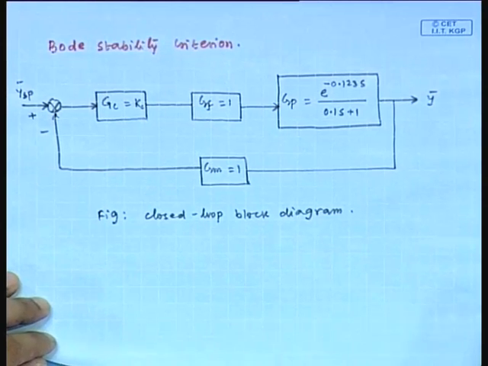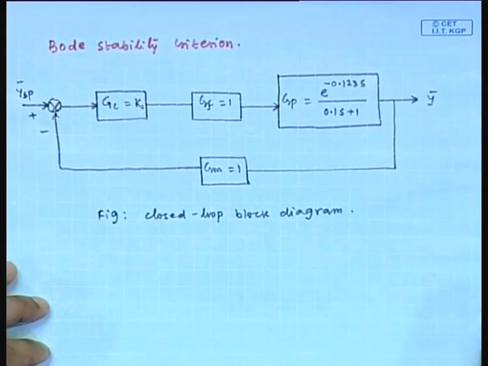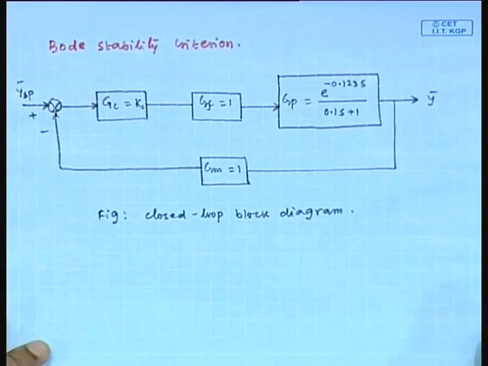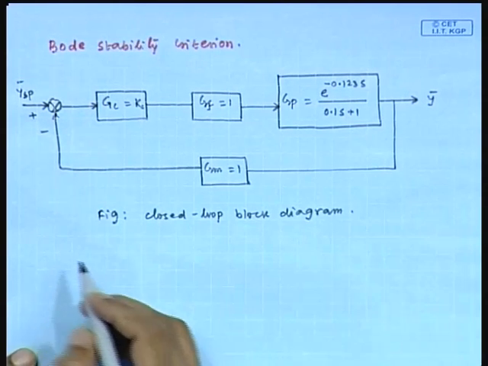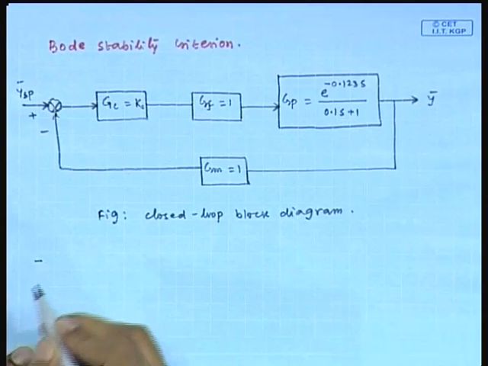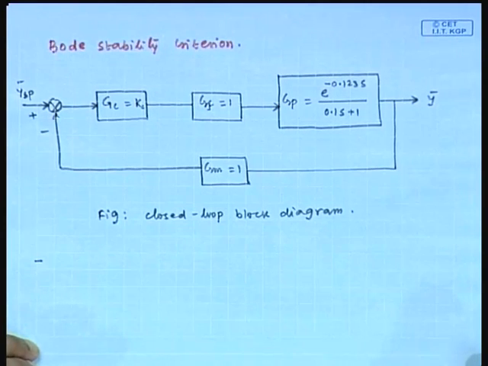Now, you know that for constructing the Bode plot, we need the expression for amplitude ratio and phi. For deriving the expression for amplitude ratio and phi, what we need?